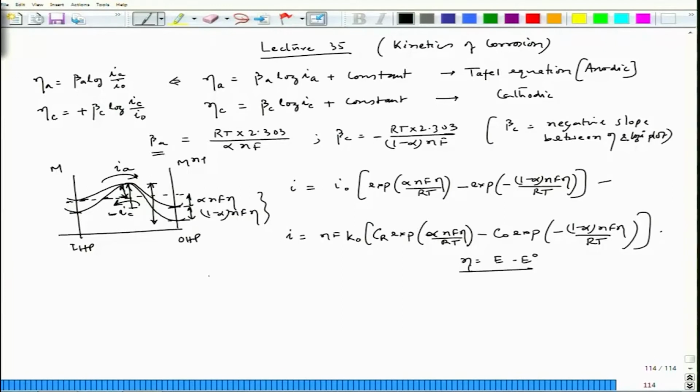Now, if we consider the condition I A equal to I C equal to I 0, and at that time E equal to E0, in that case R A equal to K A C R, the concentration of R. Since E equal to E0, we have considered it to be K0, and then I can convert into I A equal to N F K0 C R, and similarly I can convert R C equal to K C C O, which I can write in this form.